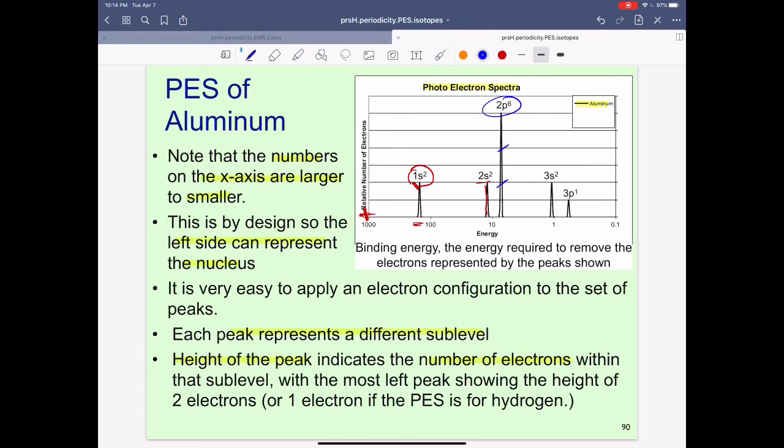The next peak along, less energy, again remember the energy is going down as we progress across, will be the 3s2, since it's the same height, and then we end with this lower peak, which must be representing half the number of electrons, or 3p1, which allows us to realize that this is the photoelectron spectra for aluminum.